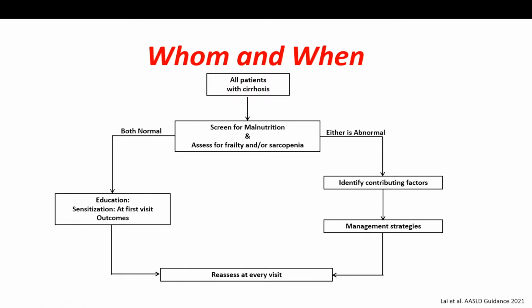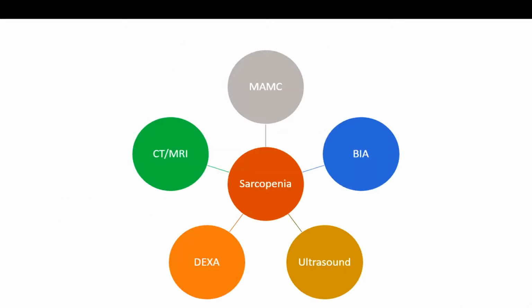Whenever the patient comes back to you, at every visit, put in some time to see. You heard yesterday Professor Sarin telling you how you can do it at the bedside in the outpatient. Unfortunately, I don't do it. I'm sure 95% of us sitting here will not be doing it, apart from in studies, because you don't have that much time.